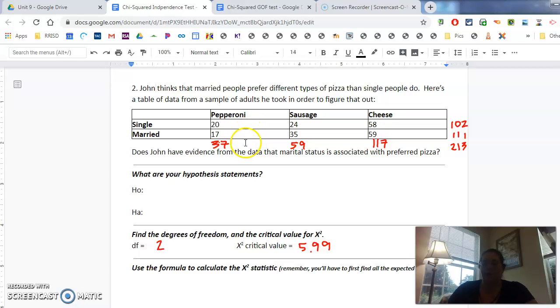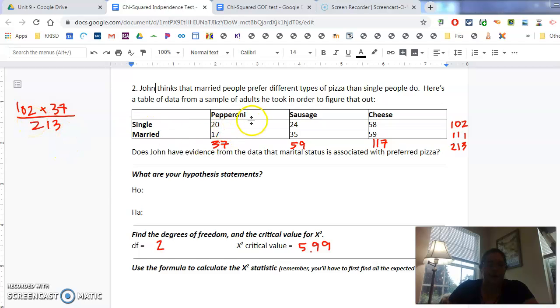But you can do that however you want, as long as you keep track of somehow nicely and neatly what your expected counts are. So just to go through this, for this top left cell, single pepperoni, my expected count would be row total, 102, times column total, 37, divided by overall total, 213.